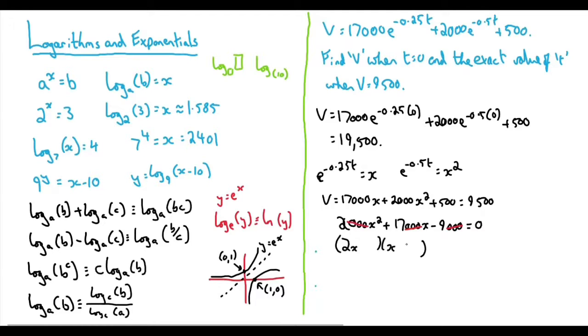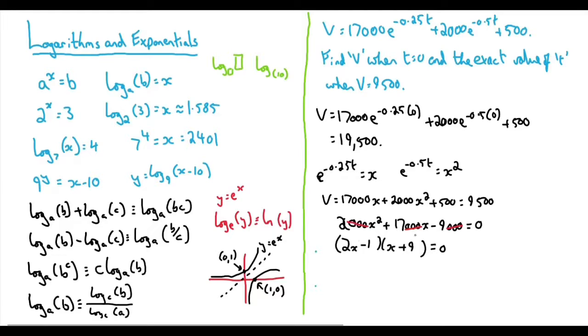And then we'll have plus 9 here and minus 1 here, because then the 2x times the 9 is 18x, minus 1 times x is minus x, so 18x minus x is the 17x, and then the minus 1 times 9 is minus 9, this equaling 0.